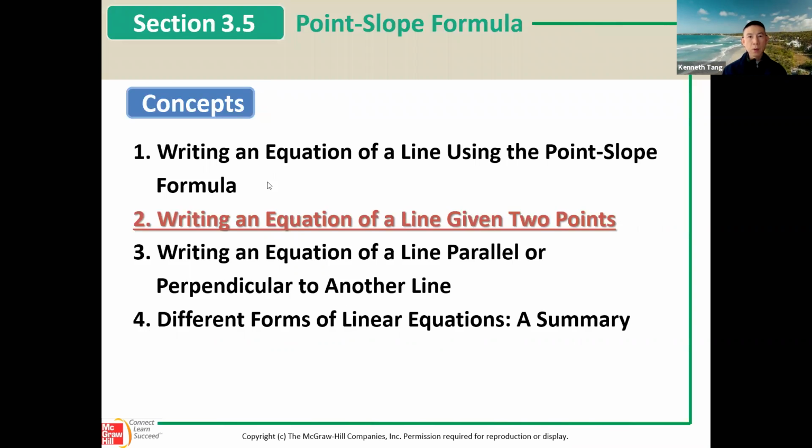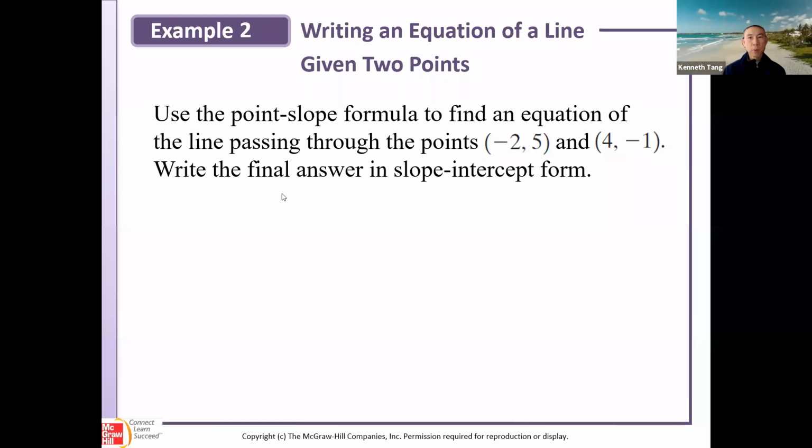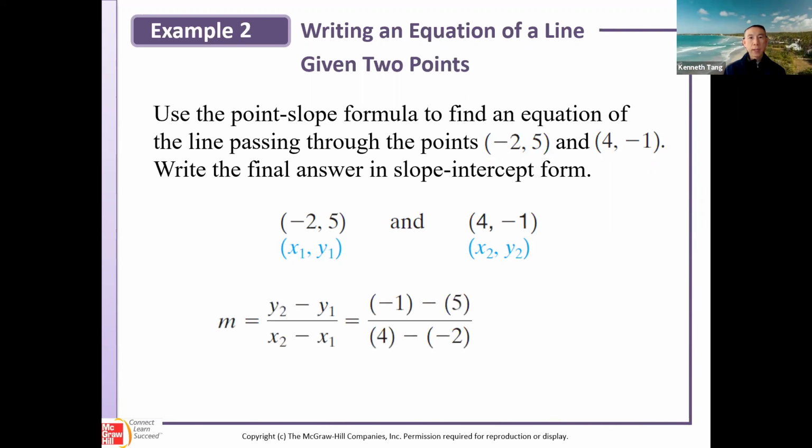Writing an equation of the line given 2 points. If you are given 2 points, x1, y1 and x2, y2, and they want you to write that in slope-intercept form, you can first determine what the slope is using the slope formula, which is change in y over change in x. Substitute the points and determine the slope.